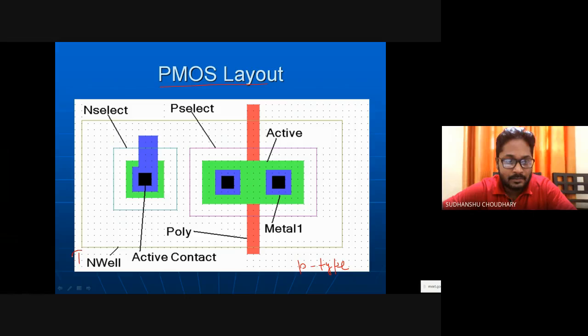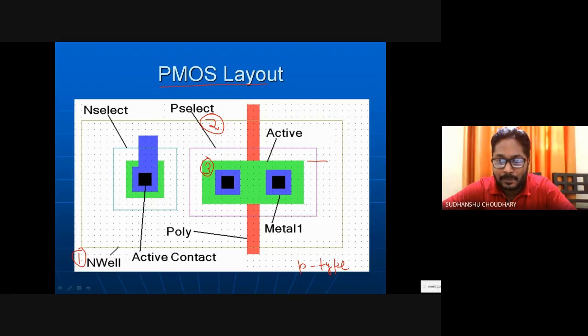So number one is you draw the N-well for PMOS. Then inside that N-well, you draw the P-select. This is process number 2, P-select, because drain and source would be P plus type. Then third is active, where you define your P plus regions, the source and drain regions.